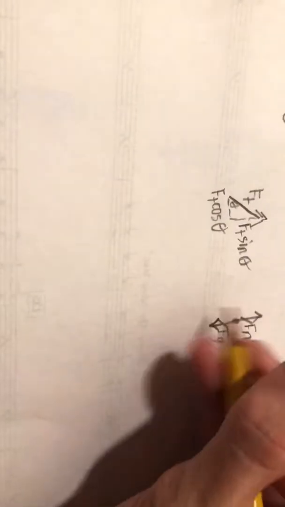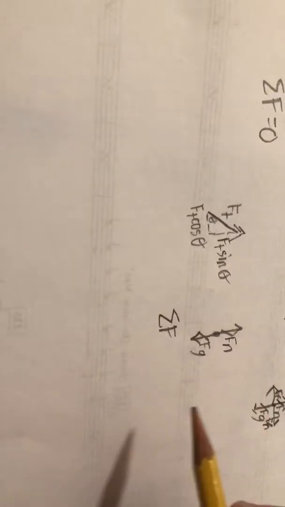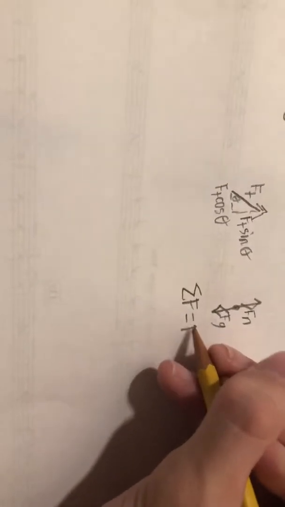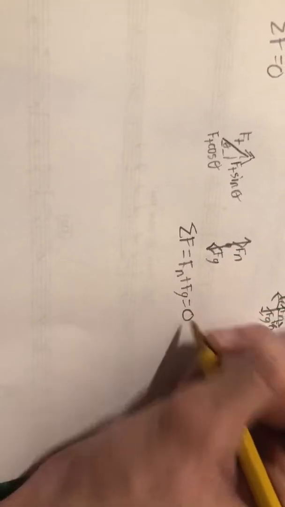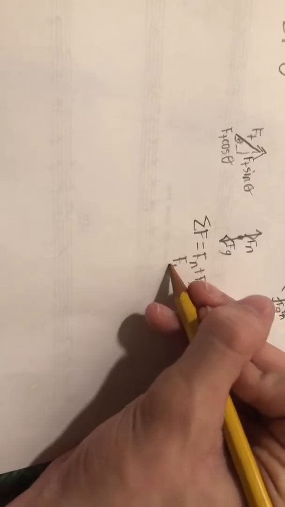We can write this as sigma F equals Fn plus Fg, and because it's not accelerating, we say that it's equal to 0, so the normal force equals negative Fg.